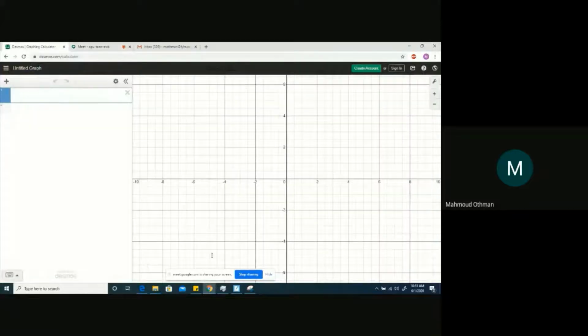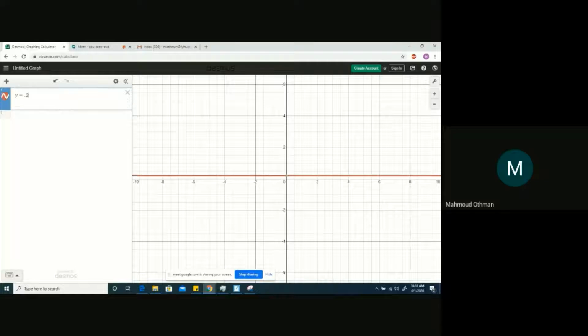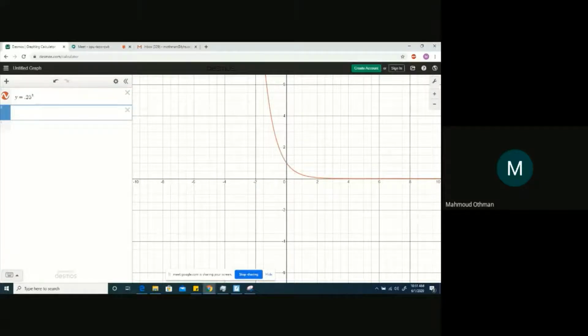Now I'm going to go to Desmos. y equals 0.25 to the x. Since my b value is less than 1 and greater than 0, it's going to be an exponential decay function. So this will be my first function.